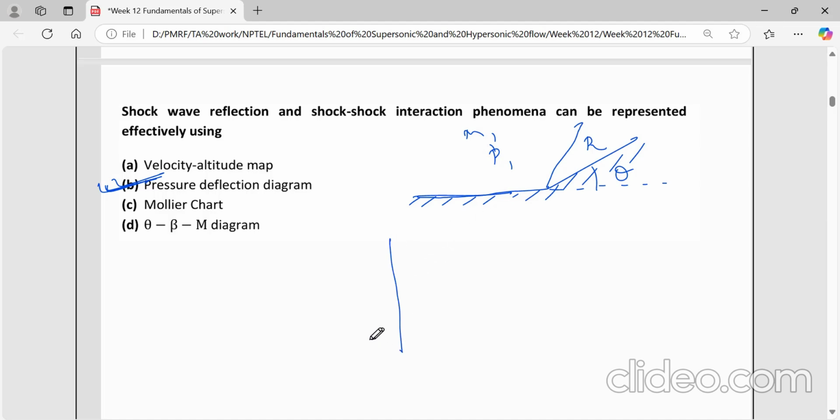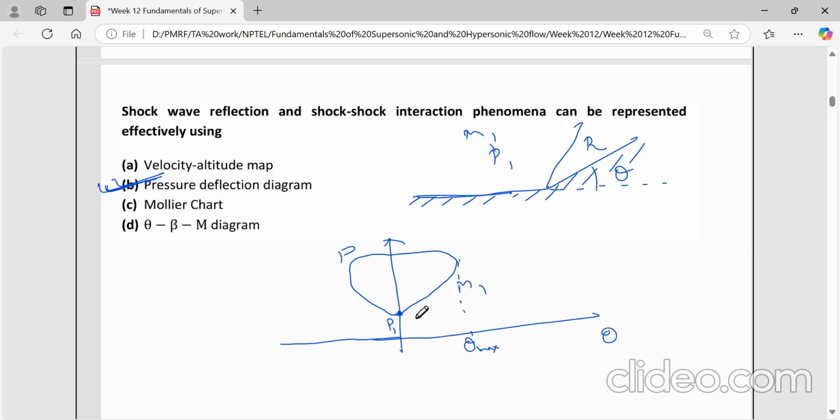So if this is theta and this is pressure P, and this point is P1, then for a Mach number M1 you can draw one curve. This is not made properly, but it is somewhat like this. For Mach number M1, you can draw one pressure deflection diagram, but this will be up to theta max.